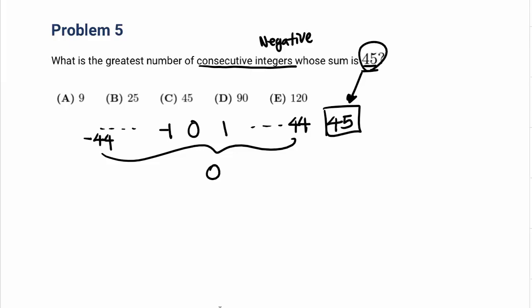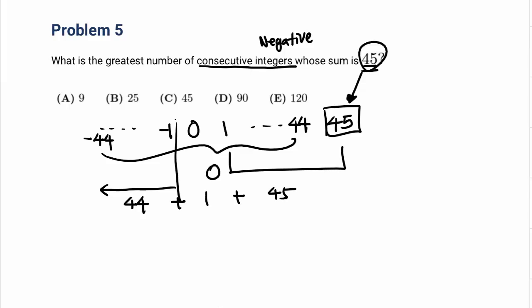How many integers are there? From negative 1 to negative 44, 44 numbers. 1 to 45 is 45 numbers. 0 is one number. When you add more, there will be 90 numbers. When you add all these 90 numbers, the sum is 45. So choice D is the answer.